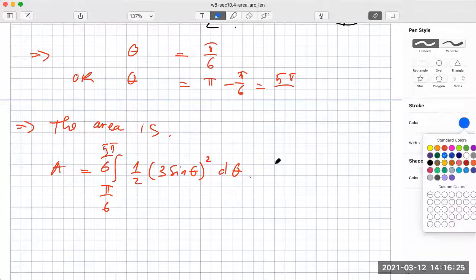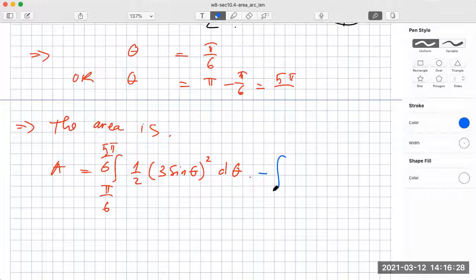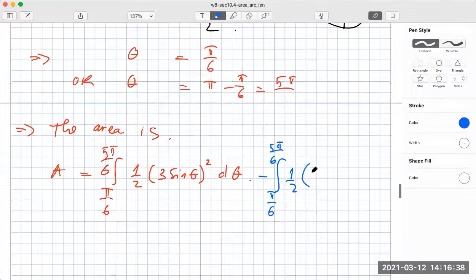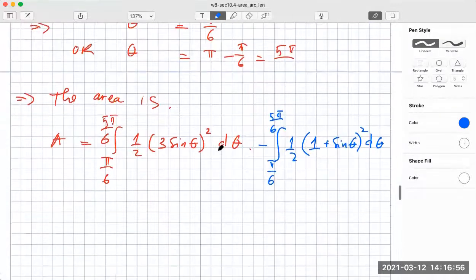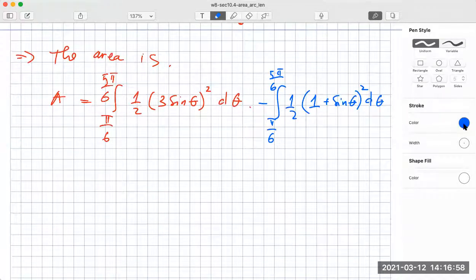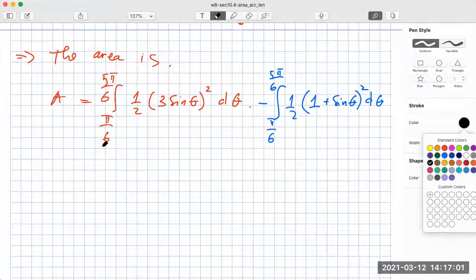And we subtract the area of the second one, which is the integral from pi over 6 to 5 pi over 6 of 1/2, and r of the second equation will be 1 plus sine theta, squared. Okay. So it is very important to find the intersections here, and it is hard. That is why we spend much time doing this.